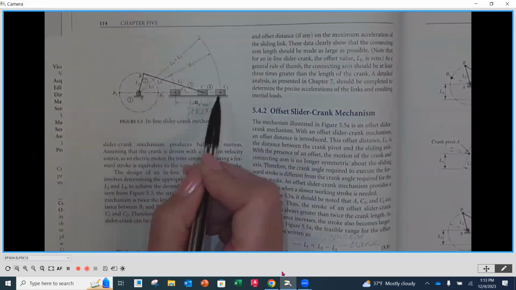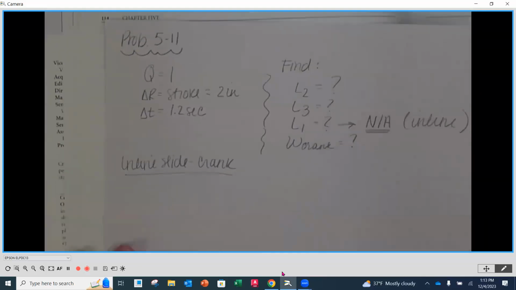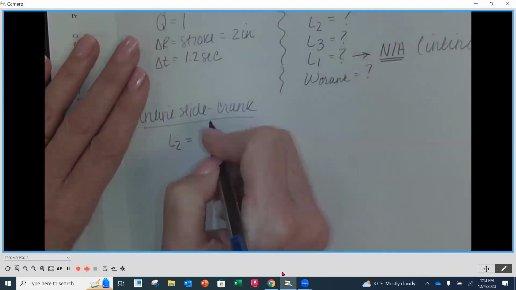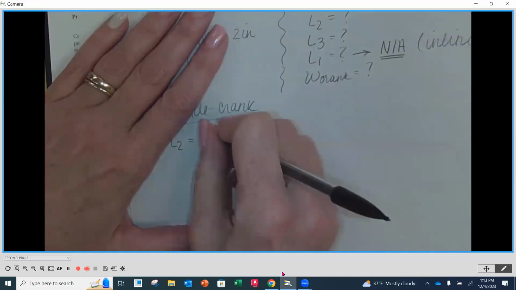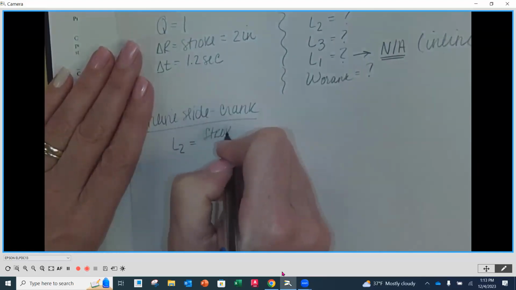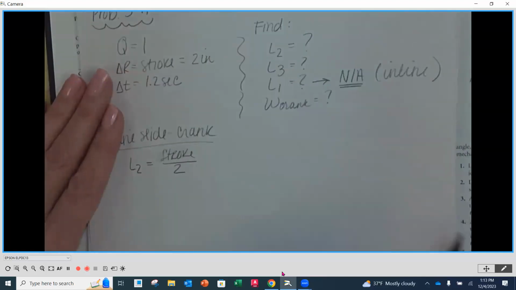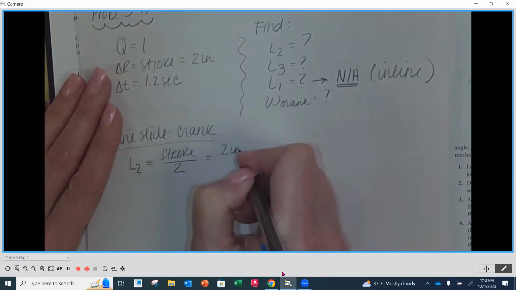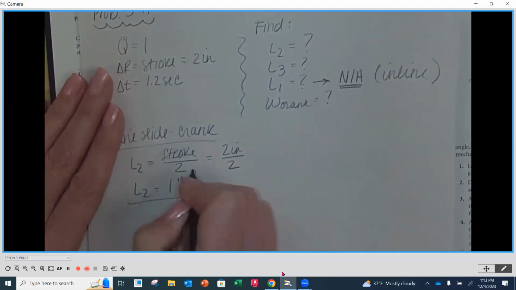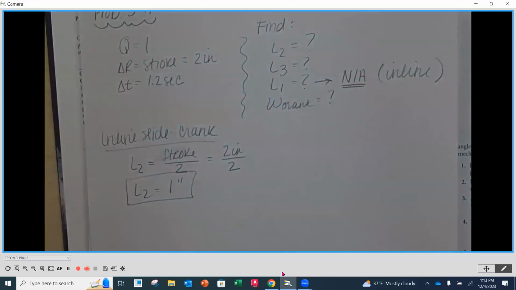Because it's rotating about that middle, my crank length is going to be equal to half of whatever that stroke is. So L2 is equal to stroke divided by 2, and I know my stroke to be 2 inches. So my L2 is going to be equal to 1 inch. Make sense?